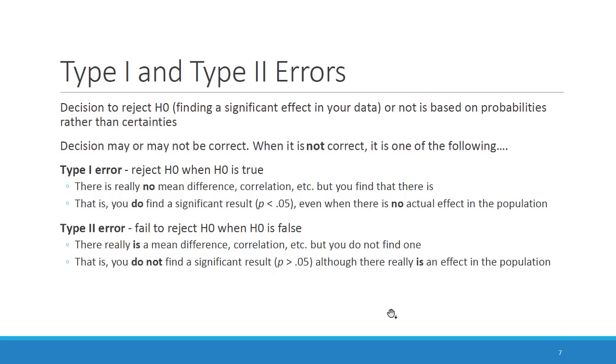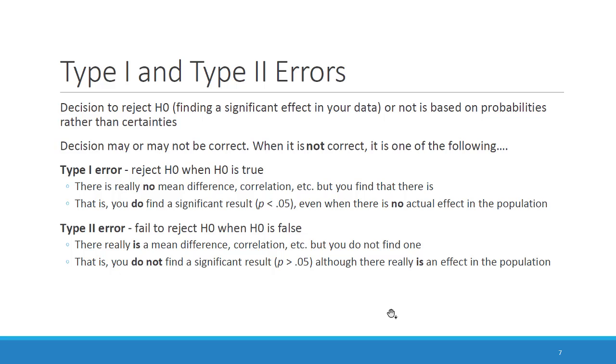On the other hand, a type 2 error is when you fail to reject the null hypothesis when the null hypothesis is actually false. In other words, there really is a mean difference in anxiety levels based on therapy, or there is a correlation between your study variables, but you do not find one. In other words, you do not find a significant result.